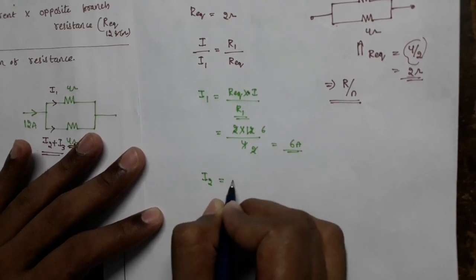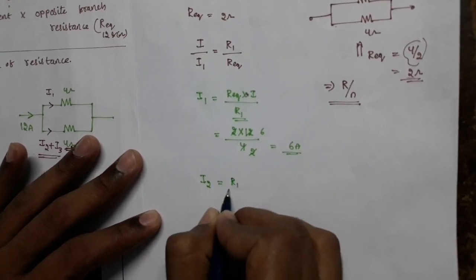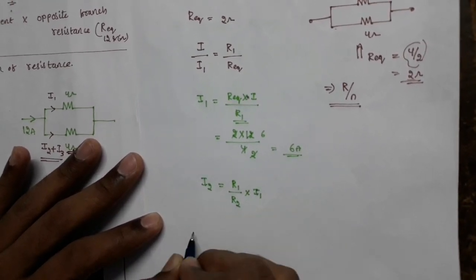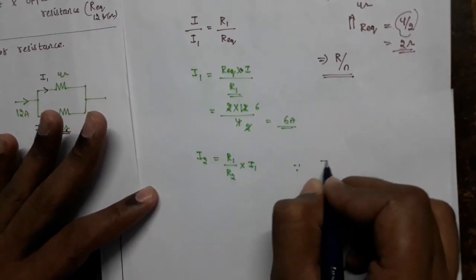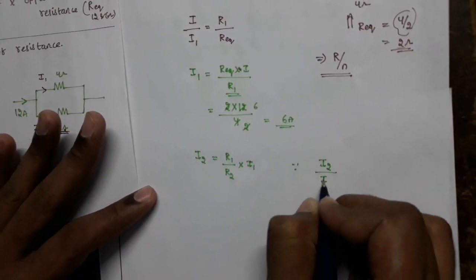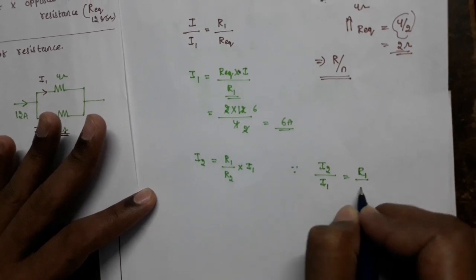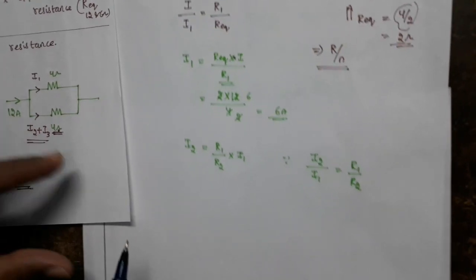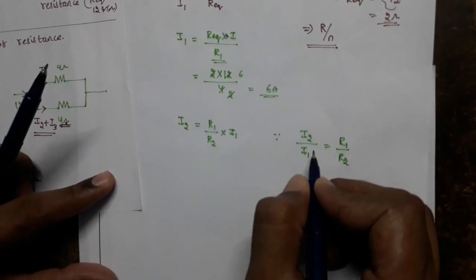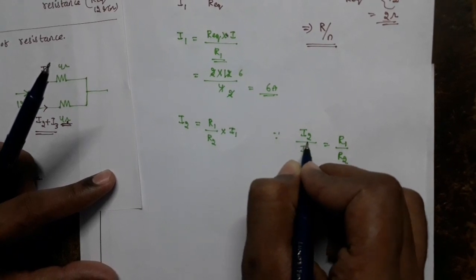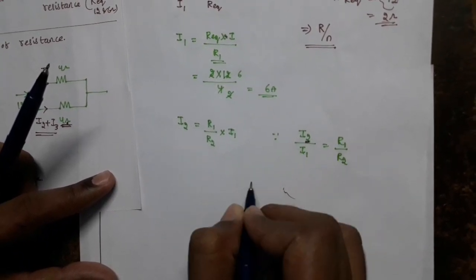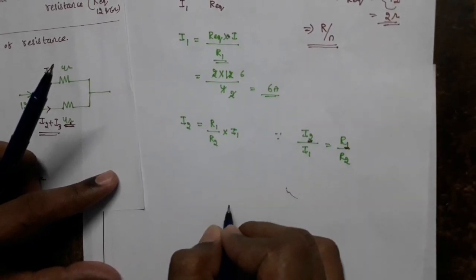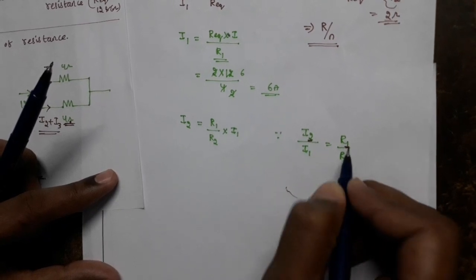I2 equal to R1 divided by R2 into I1. This is by relation I2 divided by I1 equal to R1 divided by R2. For the inverse proportionality, you can see that the numerator base on the left hand side is 2, whereas on the right hand side it is 1. It is quite opposite, 2 and 1.